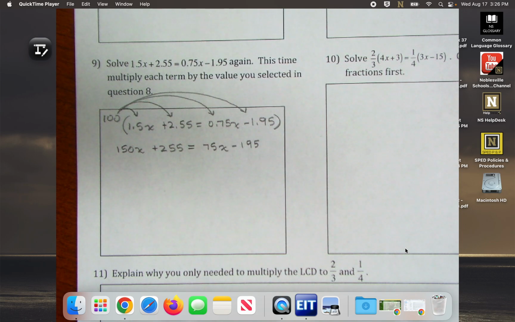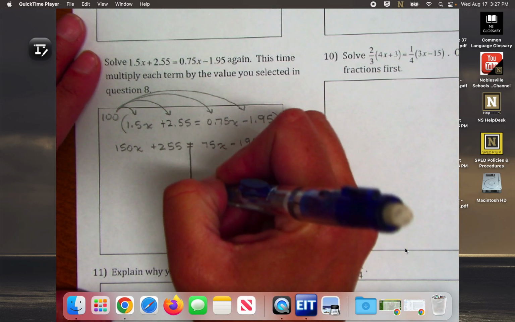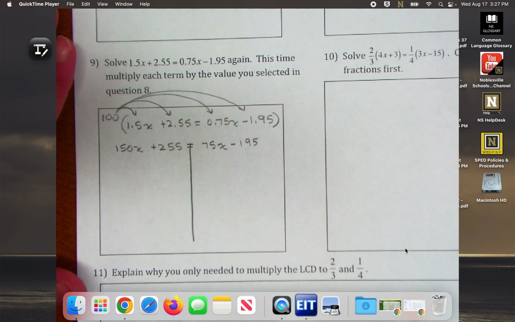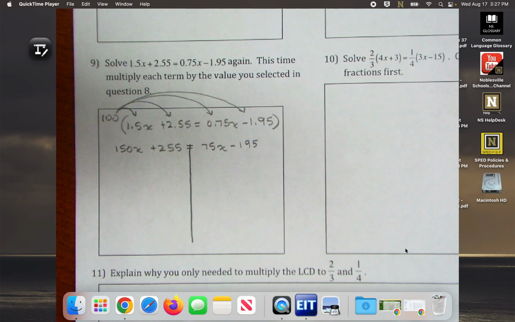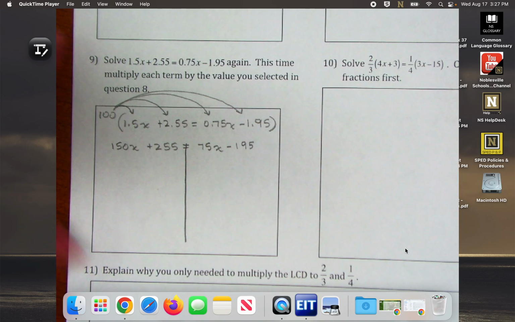Variables on both sides. We've got our wall of equality. Would you get a negative number for that? Yeah. Okay.